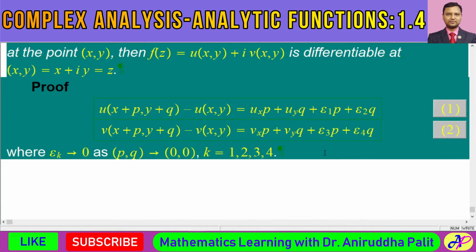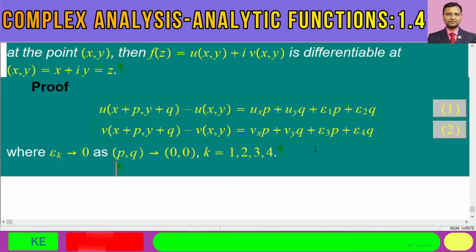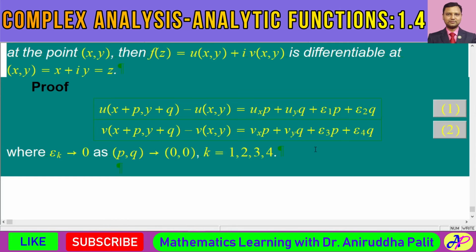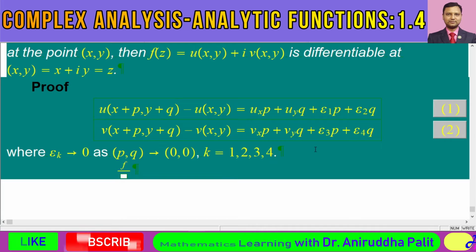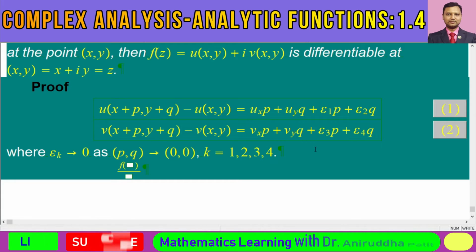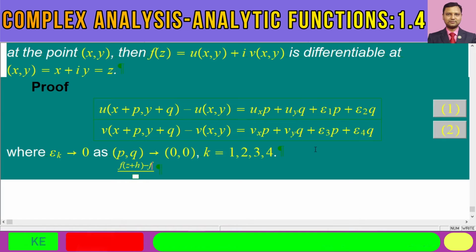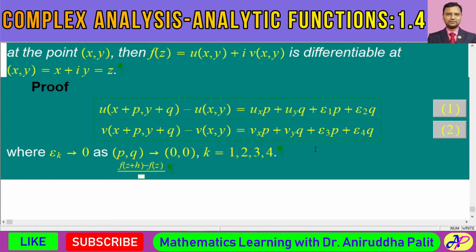Now we have to show that the function f of z is differentiable, and in order to do this, what do we need to compute? We need to compute f of z plus h minus f of z divided by h.